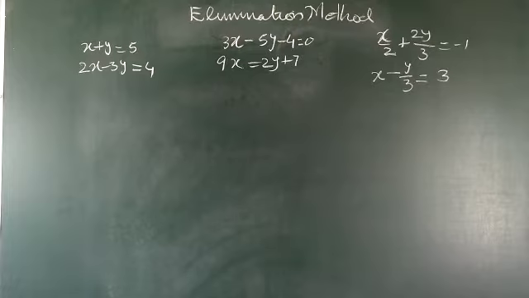So first we have to arrange it in proper order. The third set has x upon 2 plus 2y upon 3 is equal to minus 1. Here the first thing is it is in fractions, so first we have to make them into easy normal equations. So first we will do the first part.